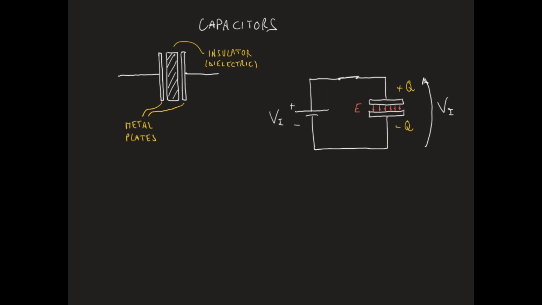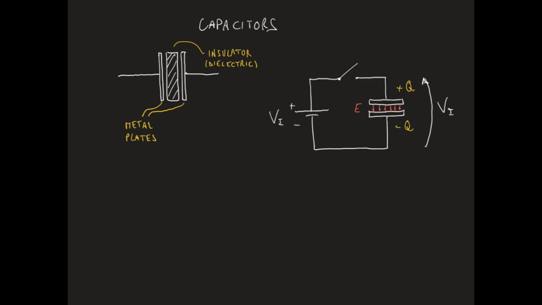Now, if we open the switch again, the charge, the electric field, and the voltage remain on and across the capacitor. The reason for that should be quite intuitive. In order to make the negative charge on the bottom plate disappear, we would need to take electrons away from the bottom plate.